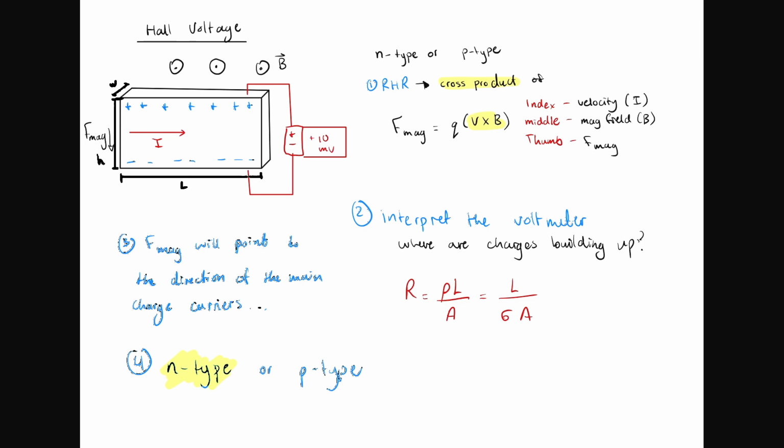Very, very important. This is resistivity, it's called. And then you'll get this L over A. Keep in mind that in the questions, they'll often tell you current goes in the direction of L, or H, or W. In this case, current goes in the direction of L. So the L value up here is the direction that the current goes in. A then becomes the other two dimensions that are not L.